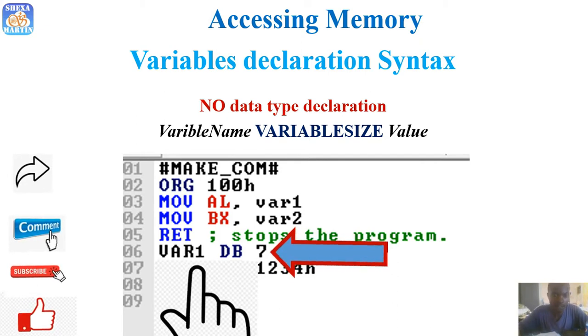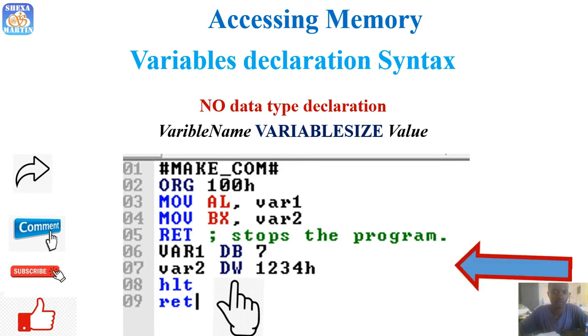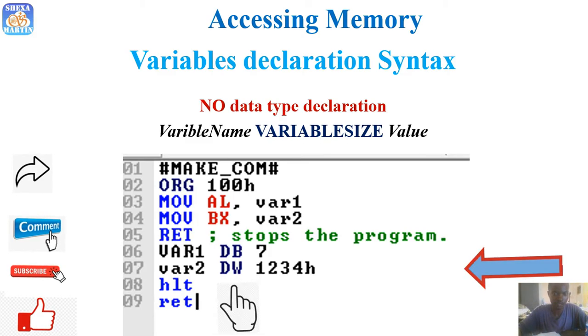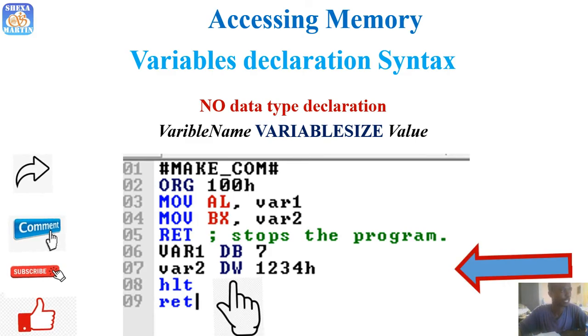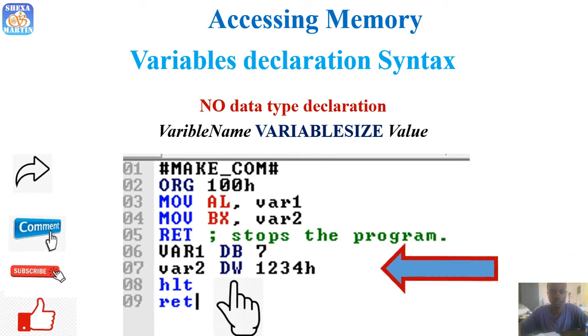So var1 is a byte variable with a decimal value 7. Now we have another variable, which is variable var2 of size word, initialized to 1234 hexadecimal value. So that's our second variable declared within this program.